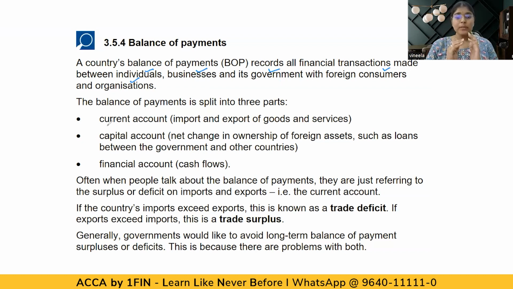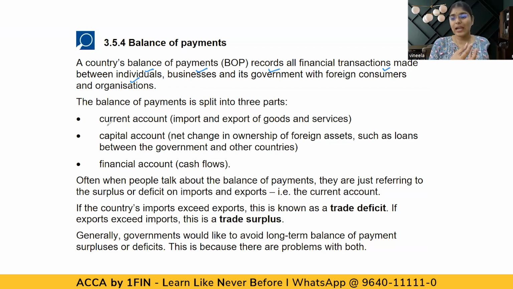Let's take our country India, and let's take Mr. X living in India, and he's a sole proprietor. Assume he does business of selling clothes. He wants to sell these clothes to foreign customers in the US. So he is selling goods to people living in the US, and he is getting some profit from that sale.